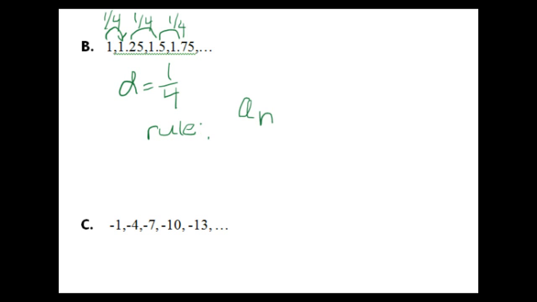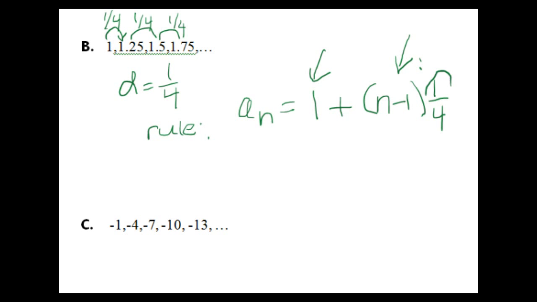A sub n is the first value plus n minus 1 times 1/4. Again, that's the first term plus n minus 1 times the difference, or the number of changes between the numbers. We can alternatively write this as 1/4 times n plus 0.75.